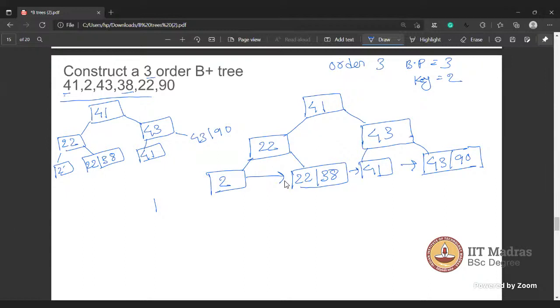If I want to access 41, 42 and 22, then how can I traverse this? So see, 41 is greater than 41, right? So you have to go right. Then 40 is less than 41. So you will get record pointers in this.